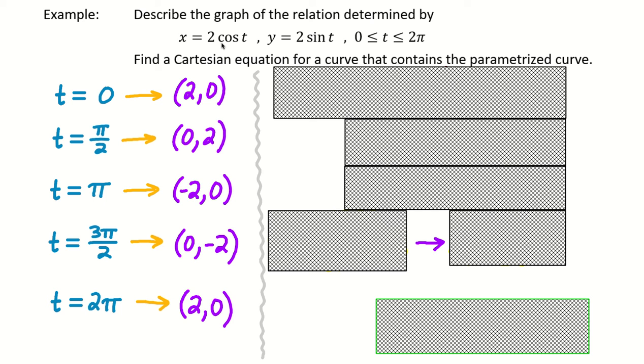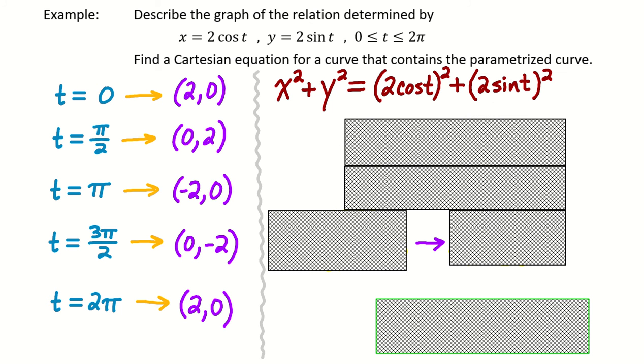I don't know if we're going to be able to do substitution. Can we substitute? Maybe we can use a little trigonometry to our advantage. And we could do x squared plus y squared.